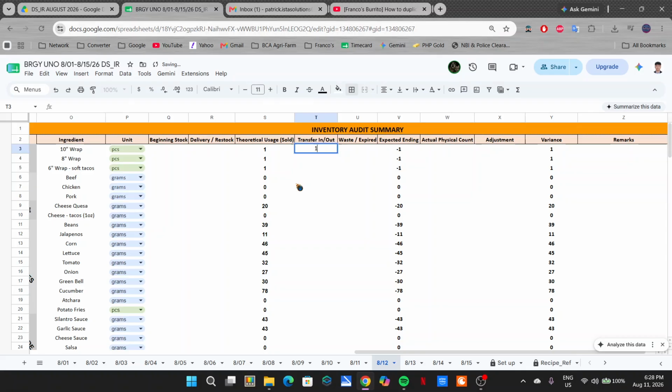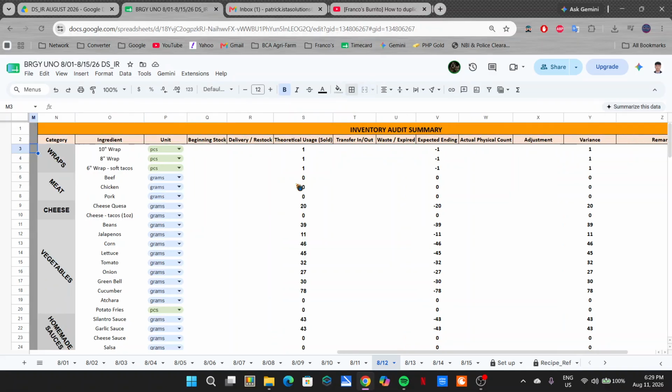That means say 10 pieces of supplies, meaning transfer in for Barangay Uno. However, for unit up, it must be negative 10, since that means that they transferred out that 10-inch wrap to Barangay Uno. Of course, if there are waste, kindly please encode it immediately here so that you don't forget.